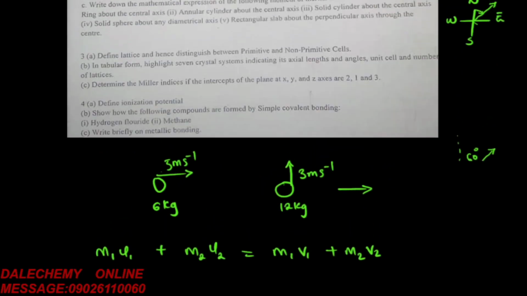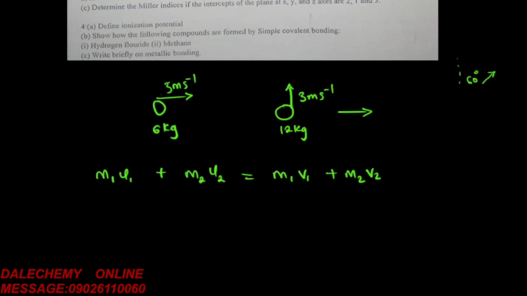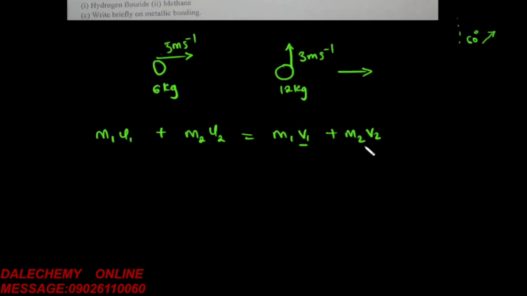But from the question, we were told that they stick together after collision. They said if after the collision, the two bodies stick together and move at this. So the point is that they move together after collision. So it means that they will have the same final velocity.